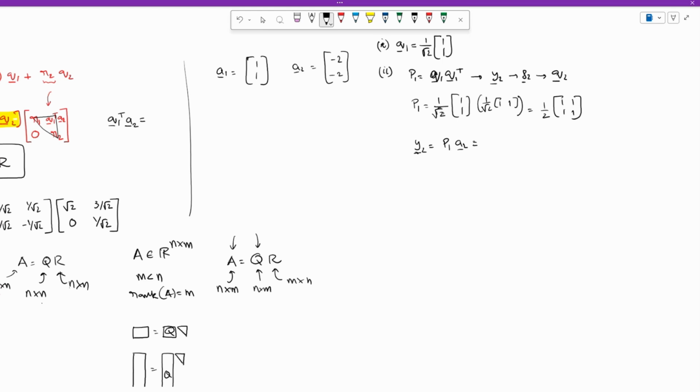Yeah. 1 by 2, 2, is it? What is A2? Y2 is simply A2.